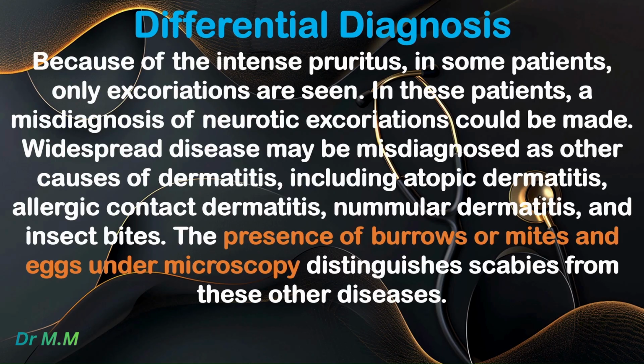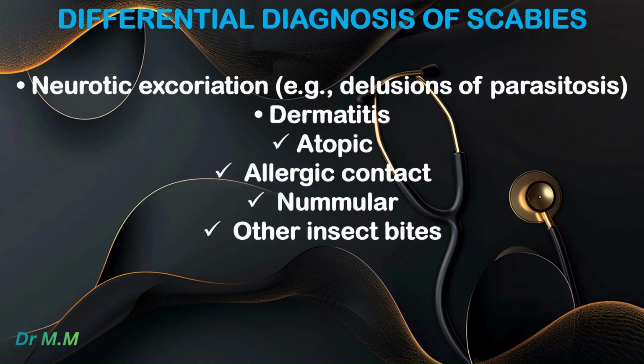The presence of burrows or mites and eggs under microscopy distinguishes scabies from these other diseases. Differential diagnosis of scabies: neurotic excoriation, for example delusions of parasitosis; dermatitis, atopic, allergic contact, nummular; other insect bites.